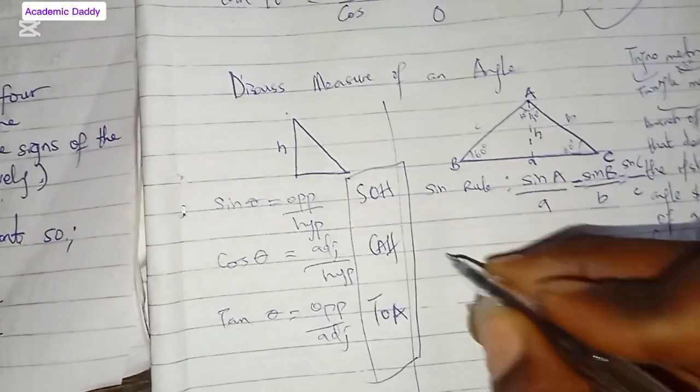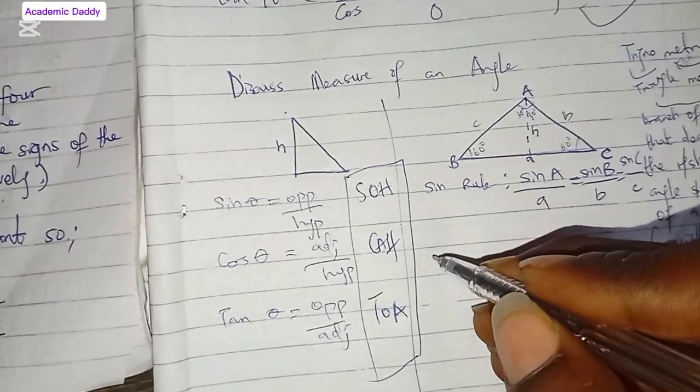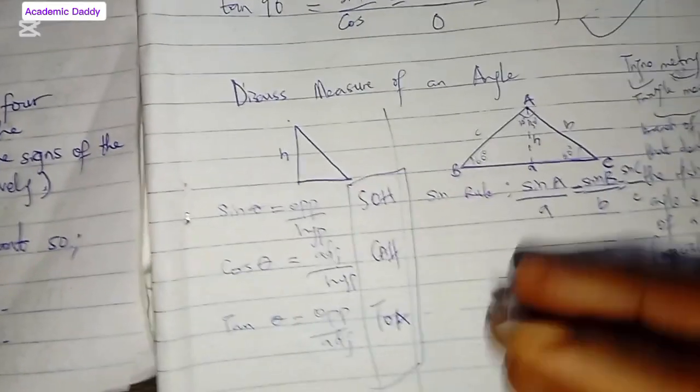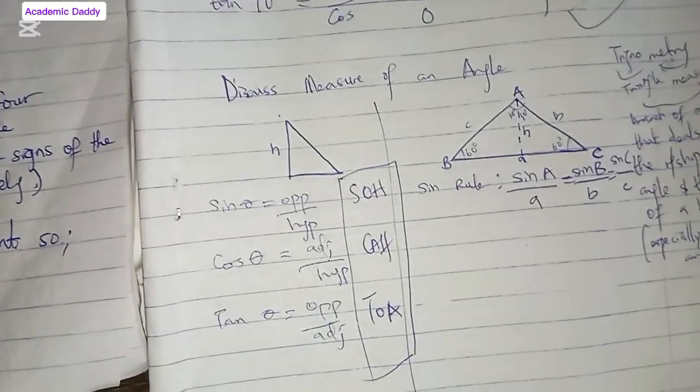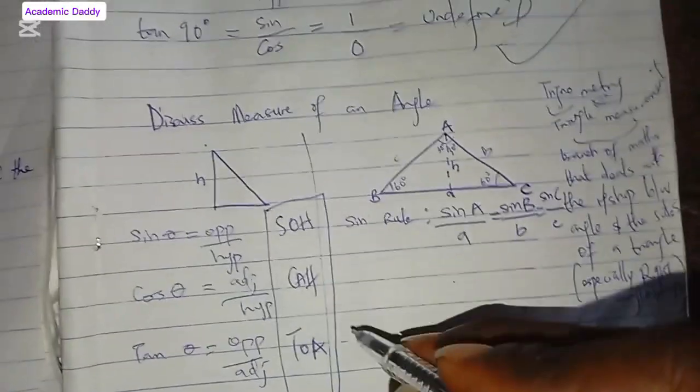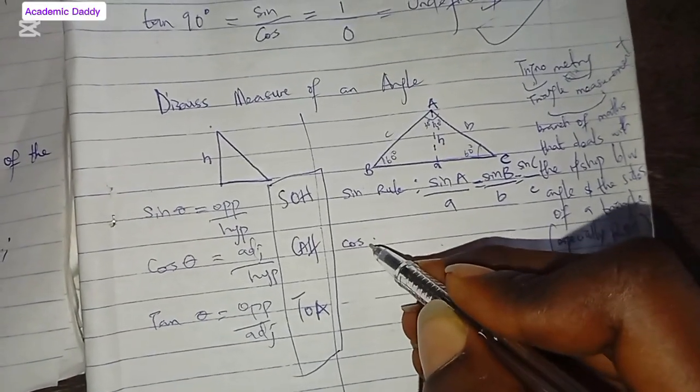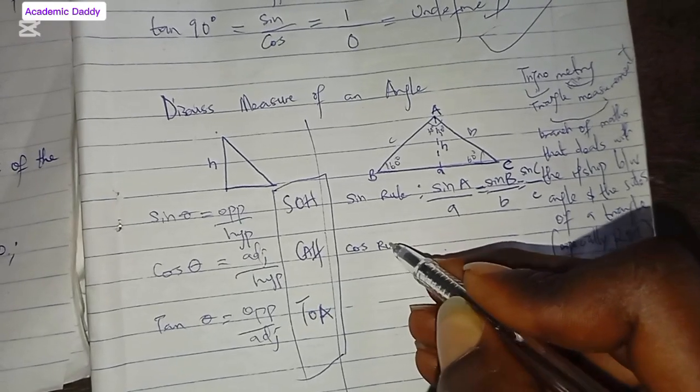So now for the cos part, we use the cosine rule.